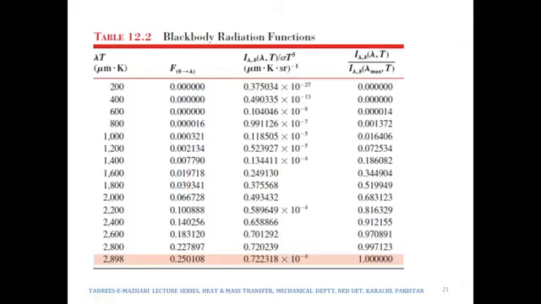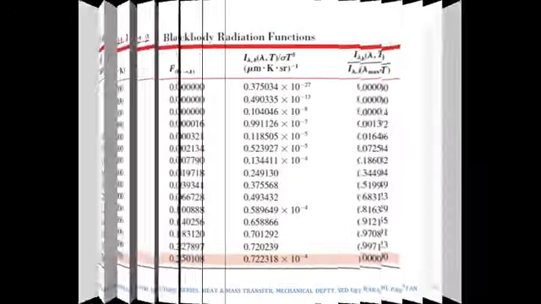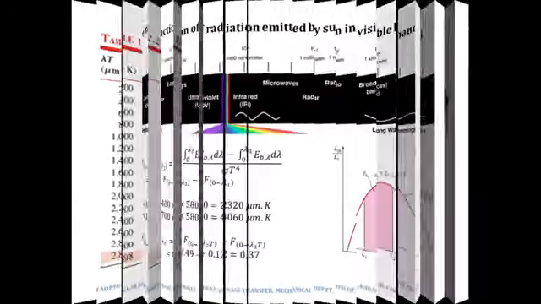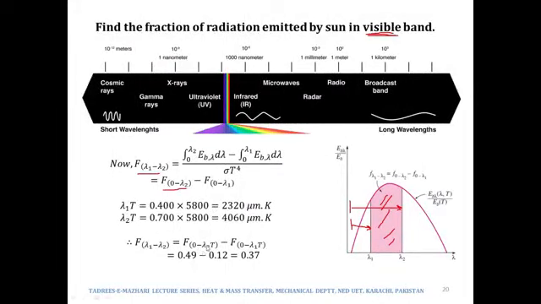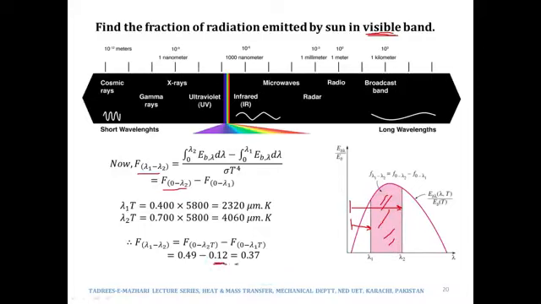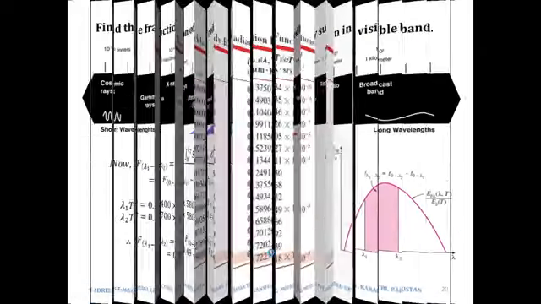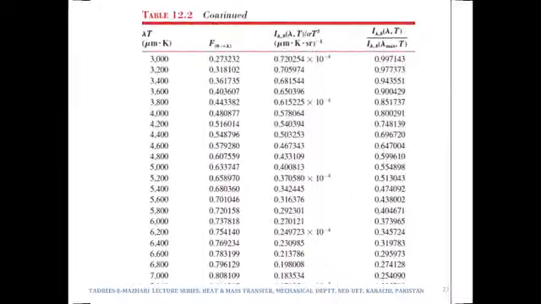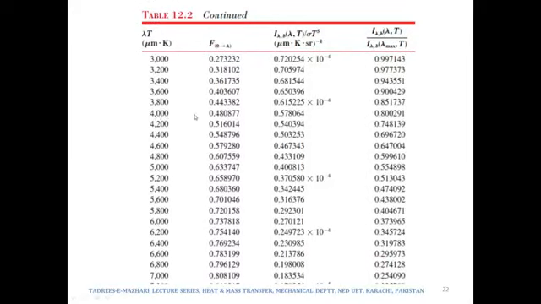So at 2320, f0 to lambda 1 T, this fraction is 0.12. For the next one, where lambda 2 T is 4060, at 4000 this fraction is 0.48, and at 4200 this fraction is 0.51.